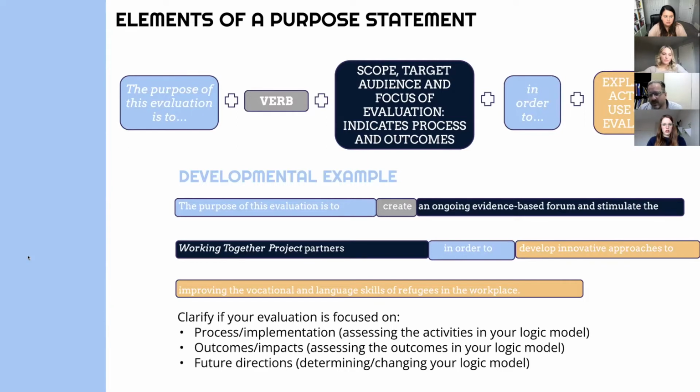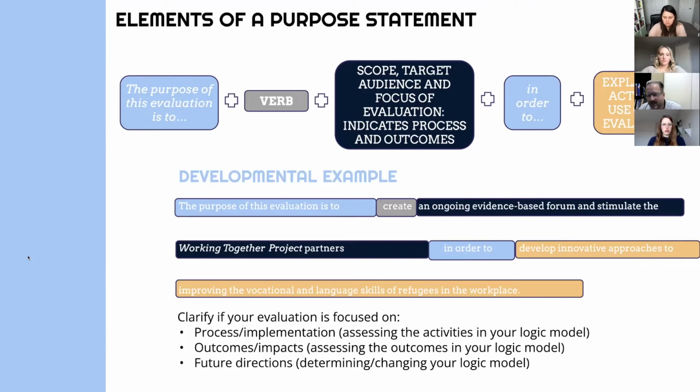So if I was doing an evaluation of this pre-eval webinar series, I might develop this to say the purpose of this evaluation is to determine, would be my verb, whether the participants in the pre-eval webinar series, right? So that's my target audience. Okay, so that's my dark blue square there.